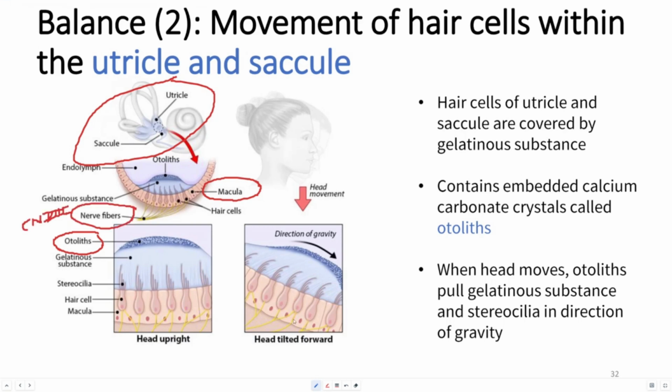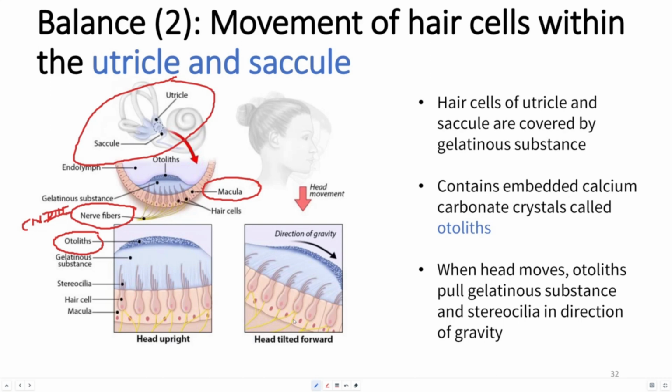So just remember that bending the stereocilia toward the kinocilium causes the hair cells to depolarize, meaning the small ones bend on top of the big one, and the greater the frequency of signals generated. Bending the stereocilia away from the kinocilium, in which the small hair cells bend far from the big one, causes the cells to hyperpolarize, and therefore there's no release of neurotransmitter, and therefore low frequency signals.